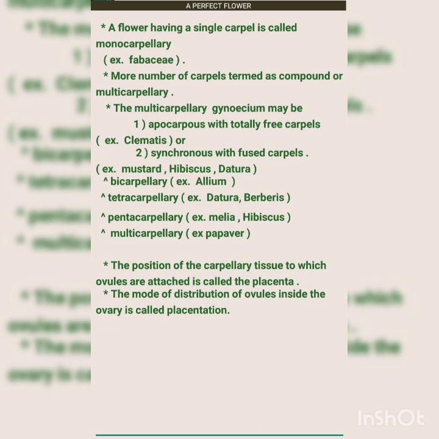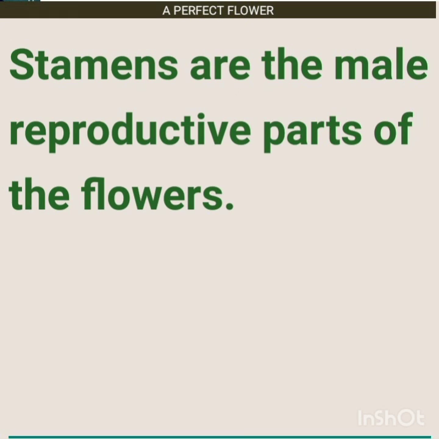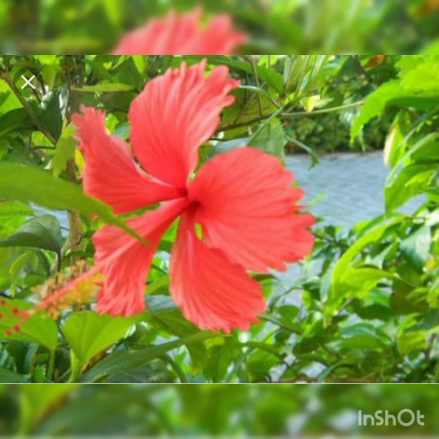Carpels are the female reproductive parts of the flower. Androecium is the male reproductive part and gynoecium is the female reproductive part. This is all about a typical flower. In the next class, we will discuss the male gametophyte and female gametophyte and all other things.